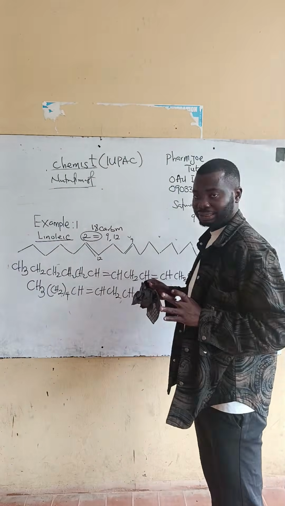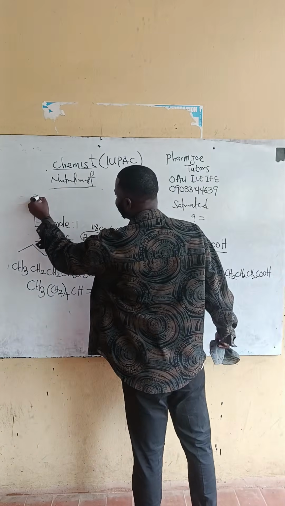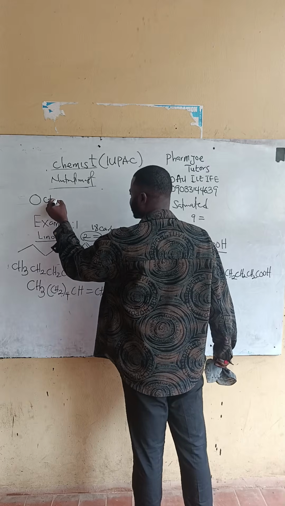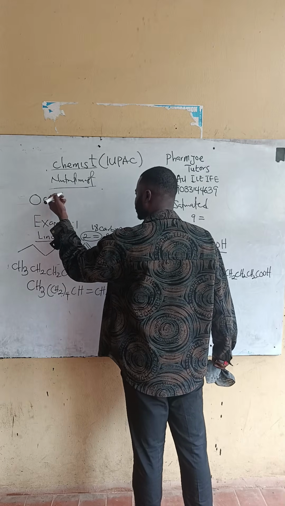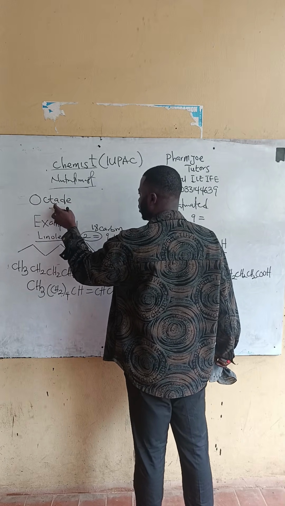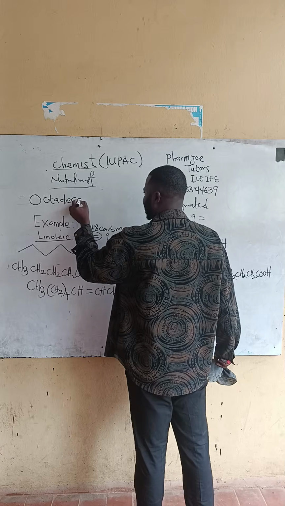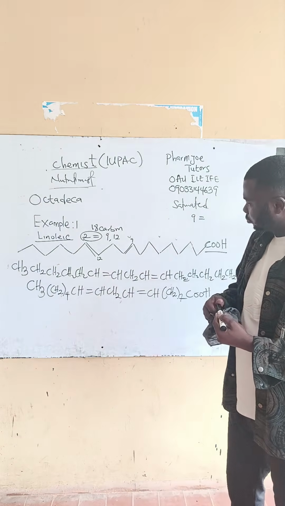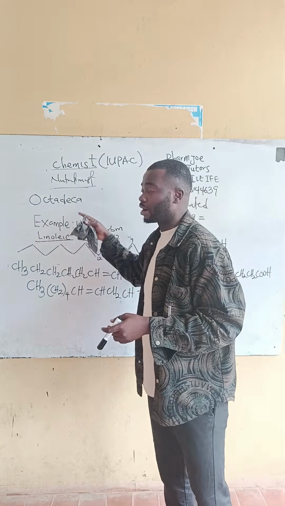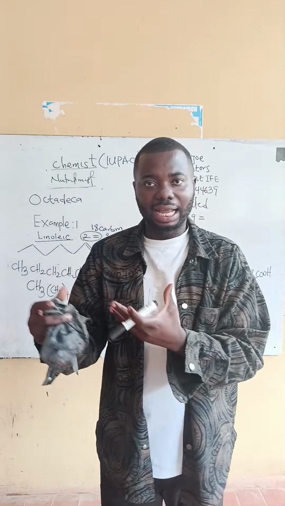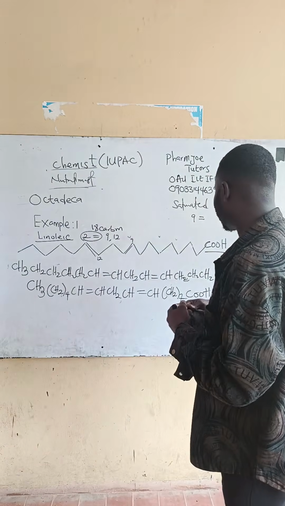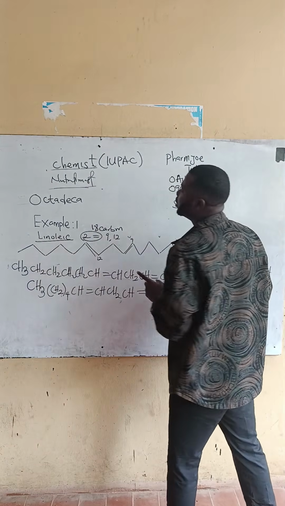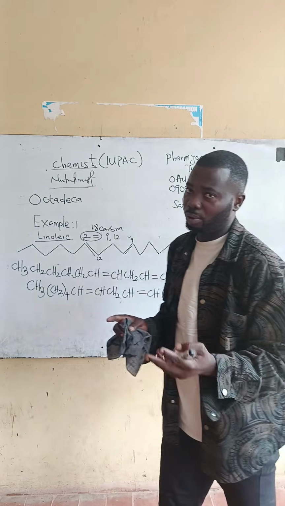If I want to name this according to the way chemists name fatty acids, I say octadeca. Where is octadeca coming from? 18: oct, 8, and deca, 10, so 18. The whole carbon count here is 18. Don't forget that there are double bonds. How many? 2.